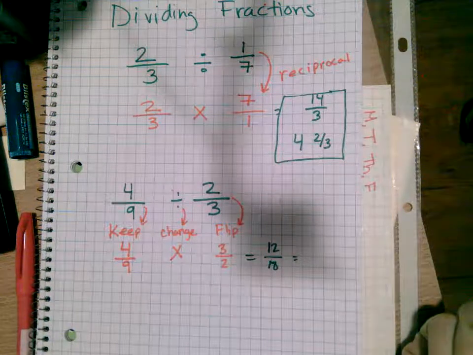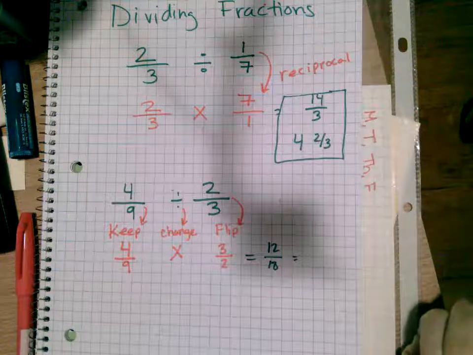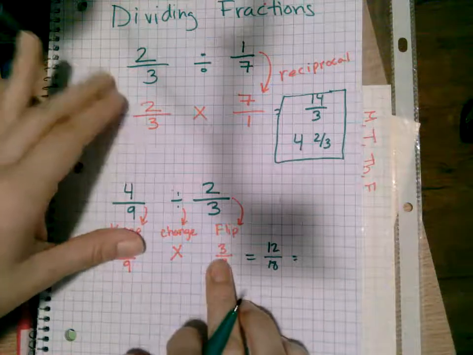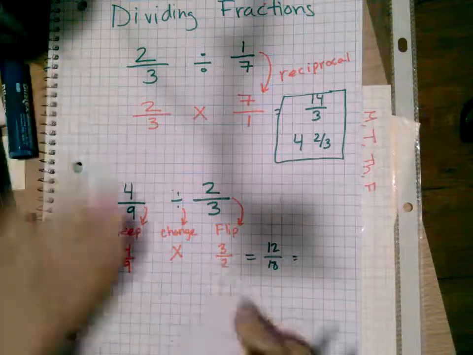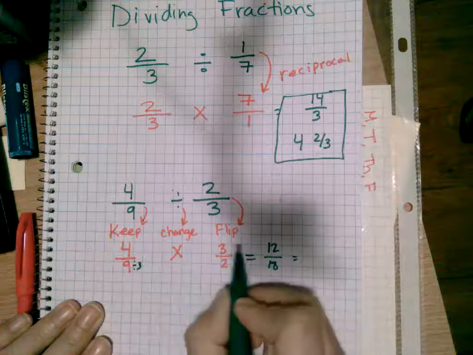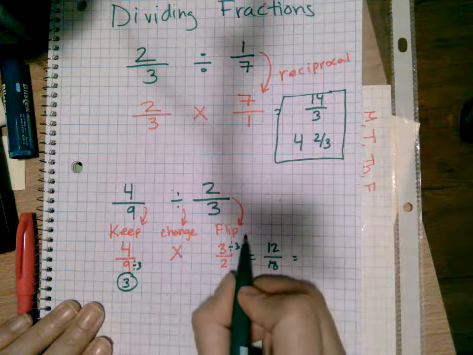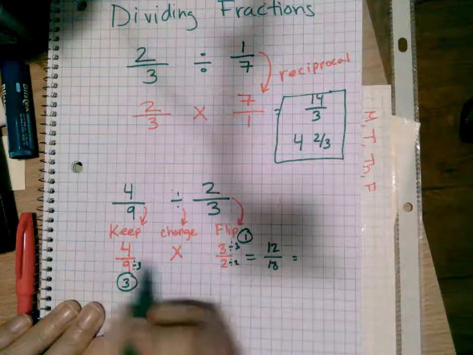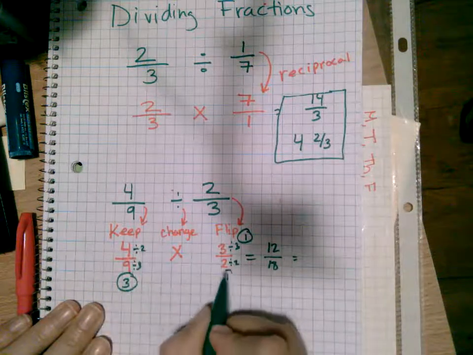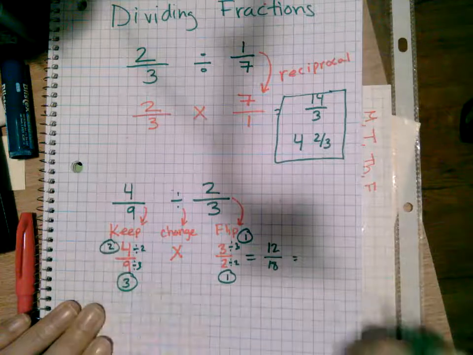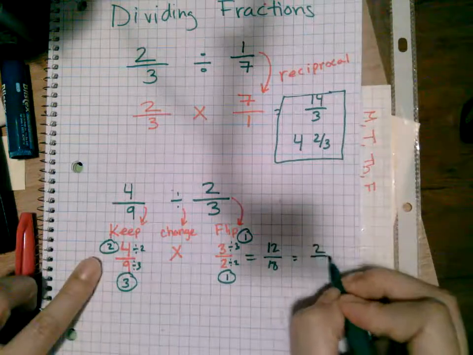If you simplify the corners, you do the opposite corners. I can divide this by 3 and this by 3. I get 3 here and 1 up here. And I can divide this by 2 and this by 2, and I get 1 here and 2 there. And that gives me 2 over 3.